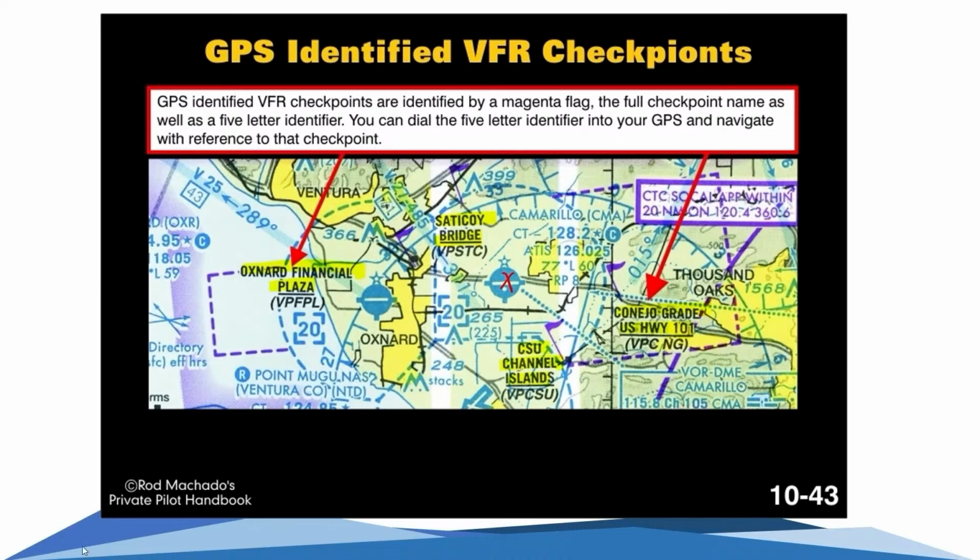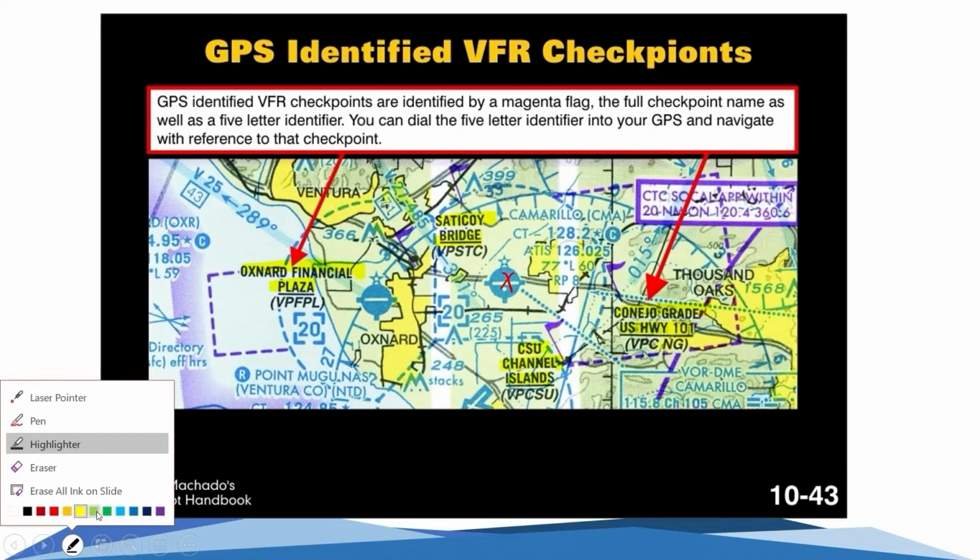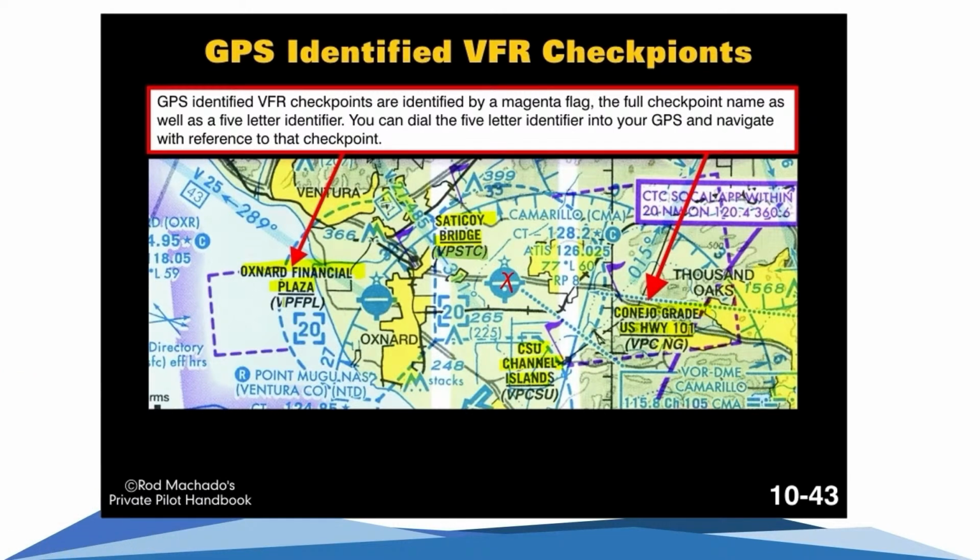Underneath each one of these, you'll actually see a VP. So we've got Saticoy Bridge and here and here and here. All the ones that I just highlighted in green, those are all VFR checkpoints verbally, but underneath that in green, that is your GPS. That's basically the GPS code if you want to plug that in.